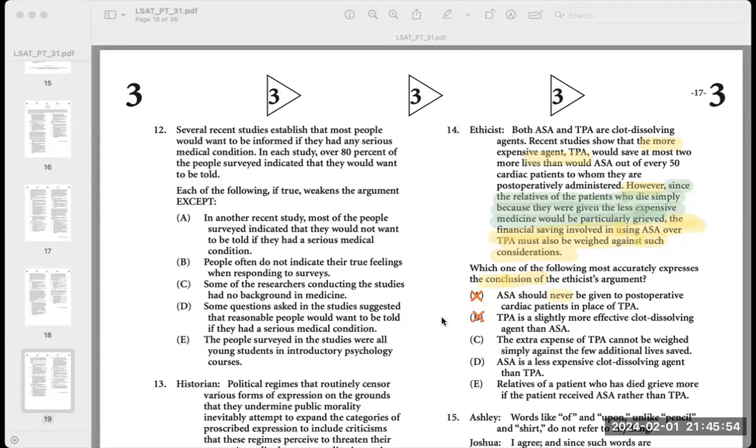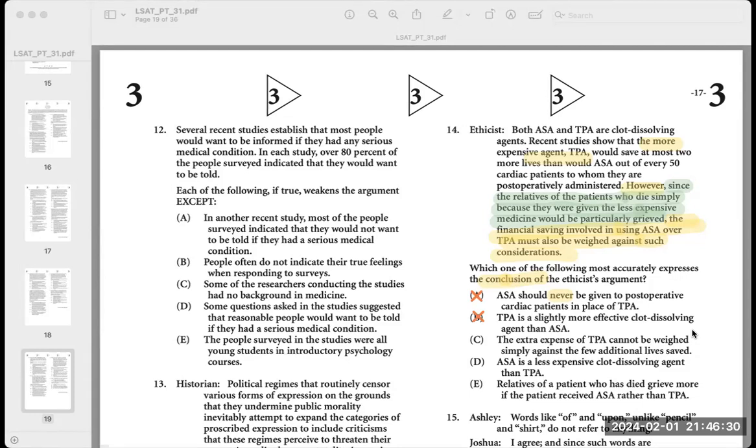That's interesting. That one at least is talking about the weighing of the expense. Financial saving involved in using ASA over TPA must also be weighed against such considerations.